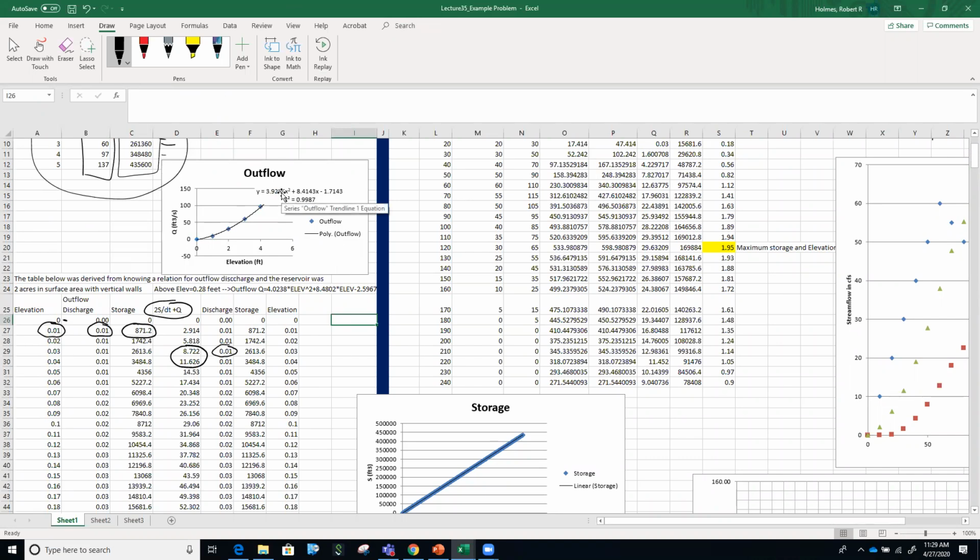So what I did was I fitted a power curve through the data. See that 3.9286x squared plus 8.4143x minus 1.7143. In order to expedite this quickly, because I think we had some problems with this last year, I went ahead and fitted a power curve through that really quickly.